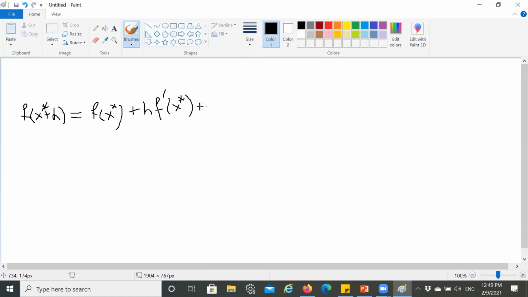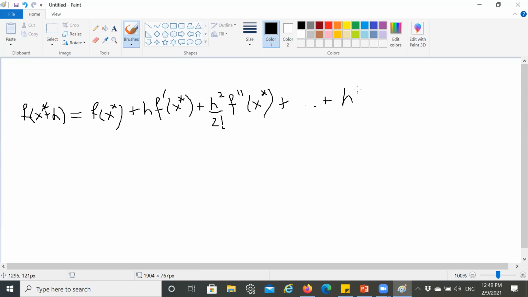Then you take the second derivative, you have h squared divided by 2 factorial, and you take the second derivative at x star, plus, and you keep doing this until the nth derivative. So this is the first derivative, which is the second term, then the third term, until the nth term.